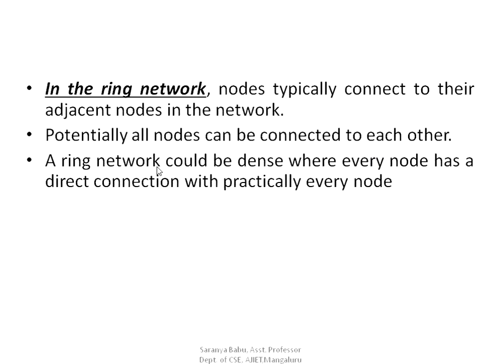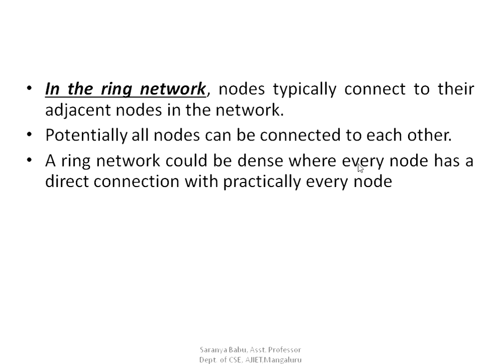Now a ring network could be dense, where every node has a direct connection with practically every node. Normally, in a ring network, one node need not be connected to all the other nodes. Normally one node gets connected to its adjacent nodes. That is how the ring network normally forms.